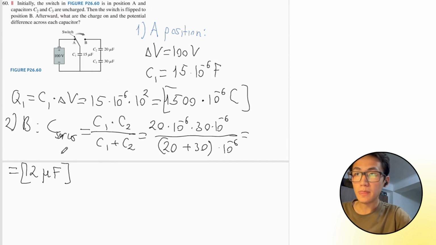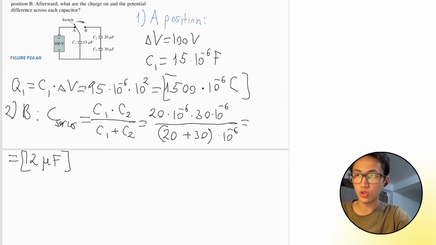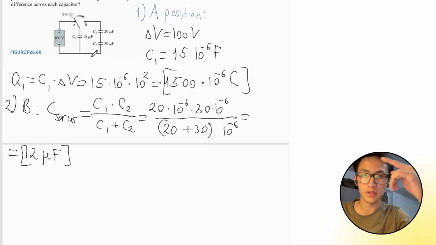After this, as we can see here, the series combination is parallel to the first capacitor.